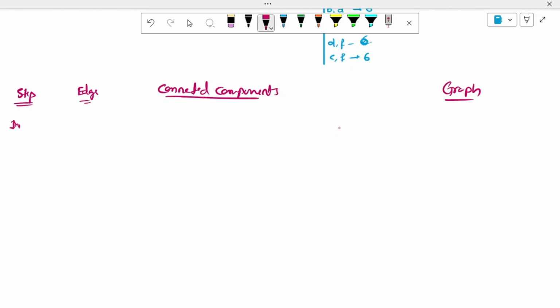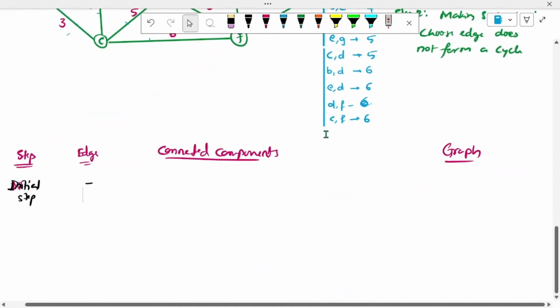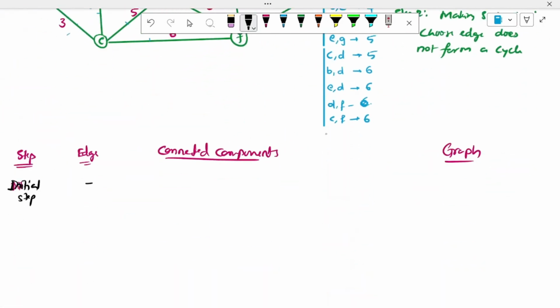This is the initial step. Let me take a different pen. It is the initial step. In the initial step, we have not chosen any edges. We have not connected anything to the main component. And in this particular case, you can observe that initially we will have a graph which is not connected at all. 1, 2, 3, 4, 5.